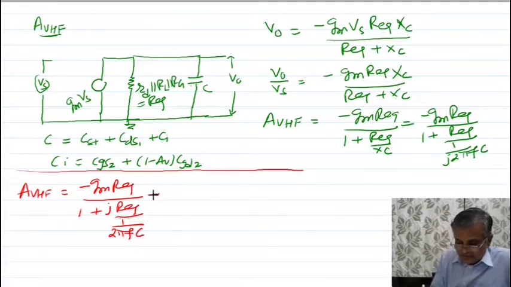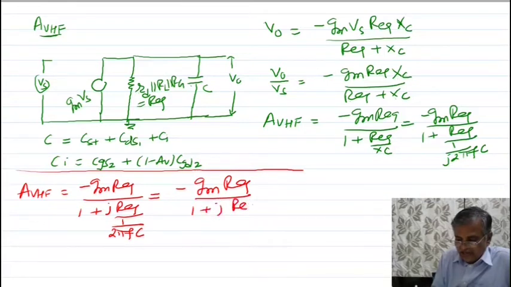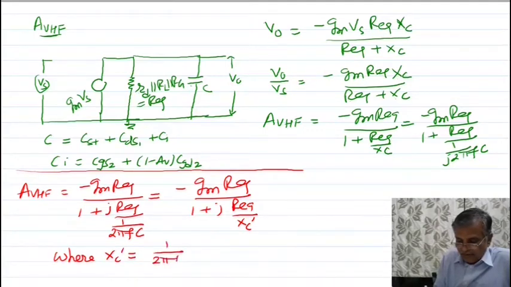So this is nothing but minus GM R equivalent upon 1 plus j R equivalent upon XC dash, where XC dash is equal to 1 upon 2 pi FC.